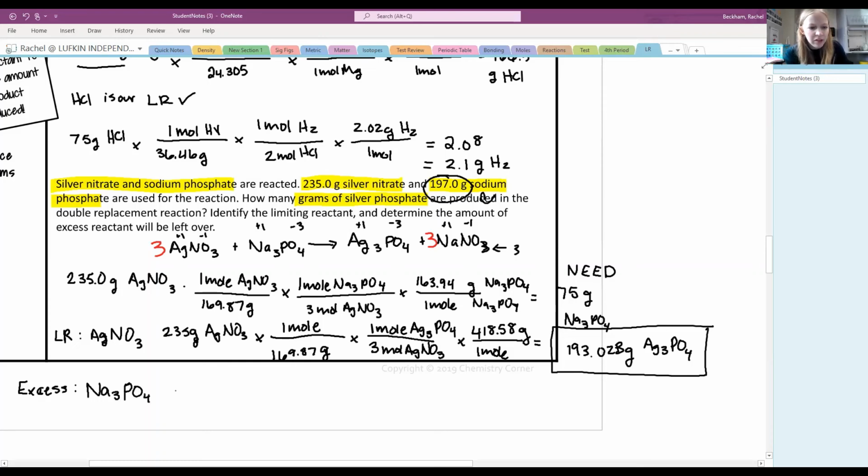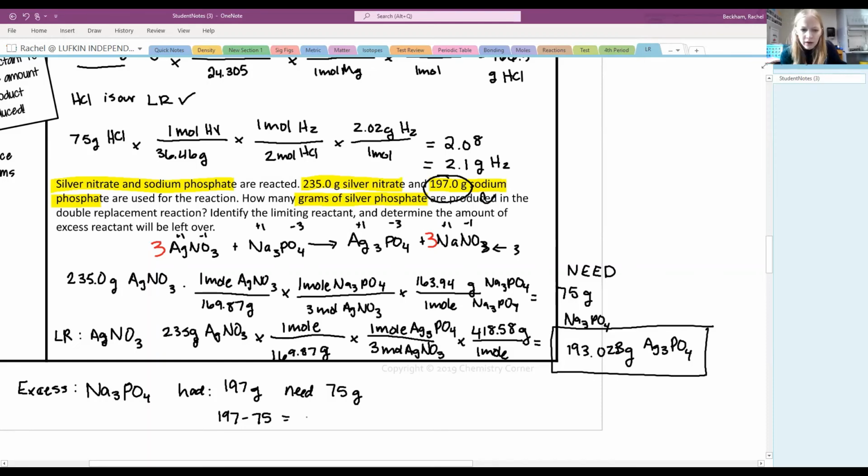And we knew that was the case because we had 197 grams and we needed 75 grams. So if we needed 75 grams and we had 197, to figure out the difference between it, we would just subtract them.